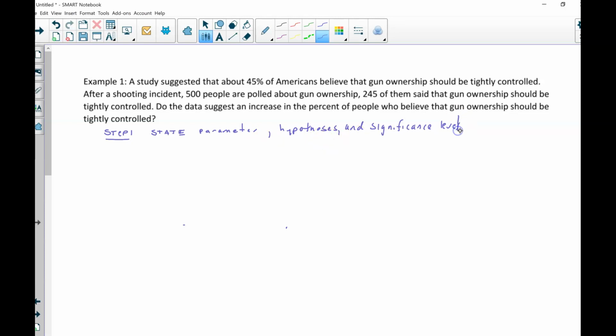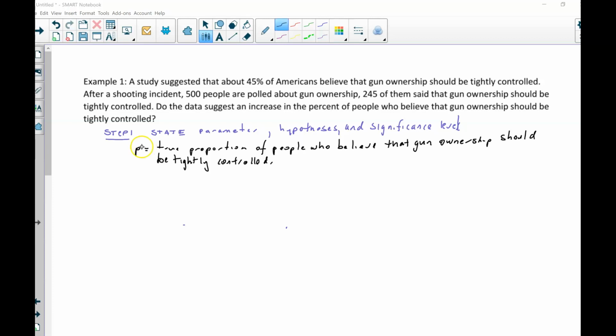This is very, very similar to the confidence interval procedure. So the parameter, which we represent by p, notice there's no hat, is the true proportion of people who believe that gun ownership should be tightly controlled. Notice that it is in present tense, and it's really just a restatement of the information provided in the problem.